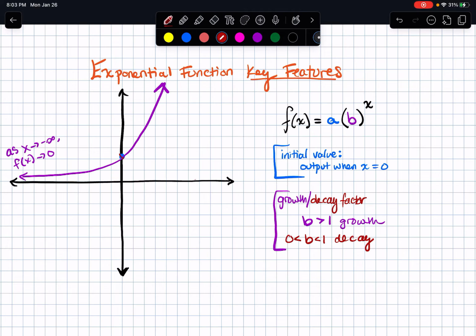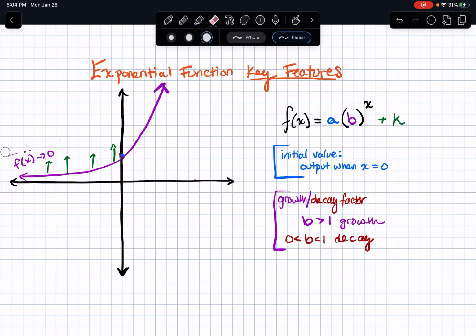Instead of f of x equals a b to the x, let's imagine for a moment we had f of x equals a b to the x plus k. So if my equation has a b to the x plus k or minus k, what k is going to do is shift our entire function up at every single point.